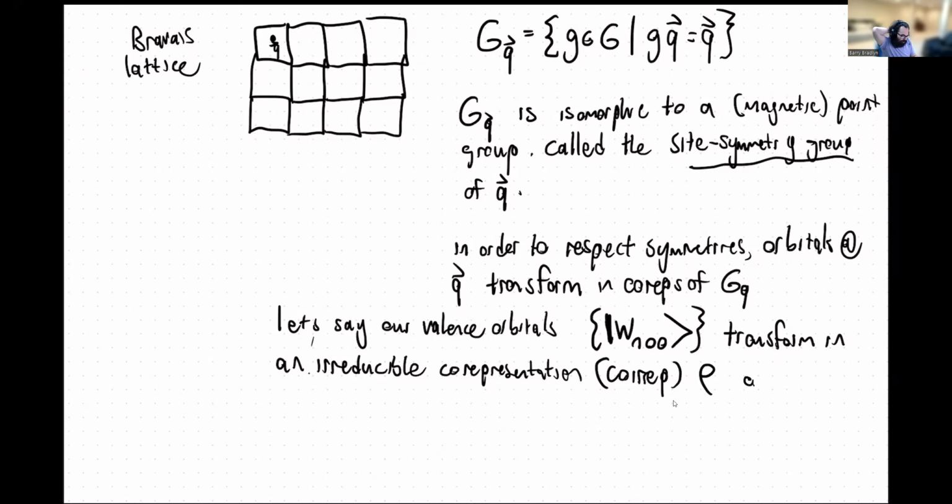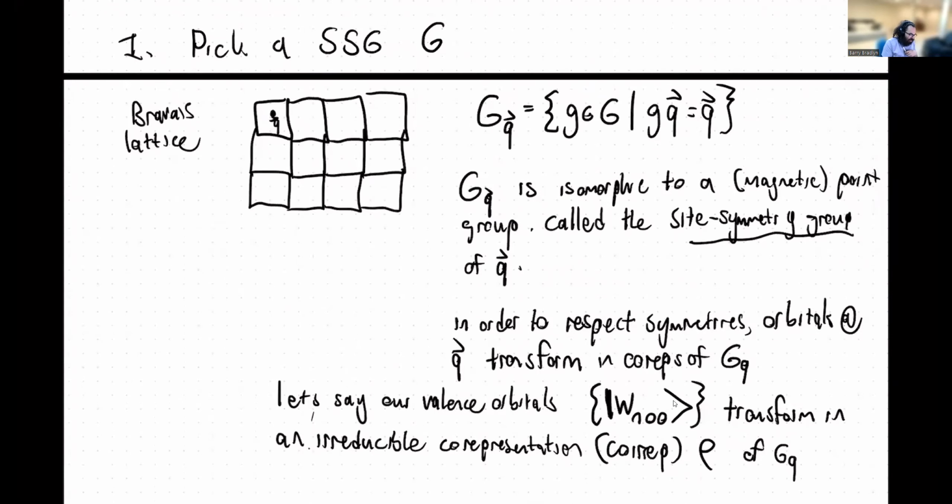We'll call it rho of G_Q. So far, so good. We know at least that the orbitals respect the symmetries of the site symmetry group, which is some subgroup of our space group.